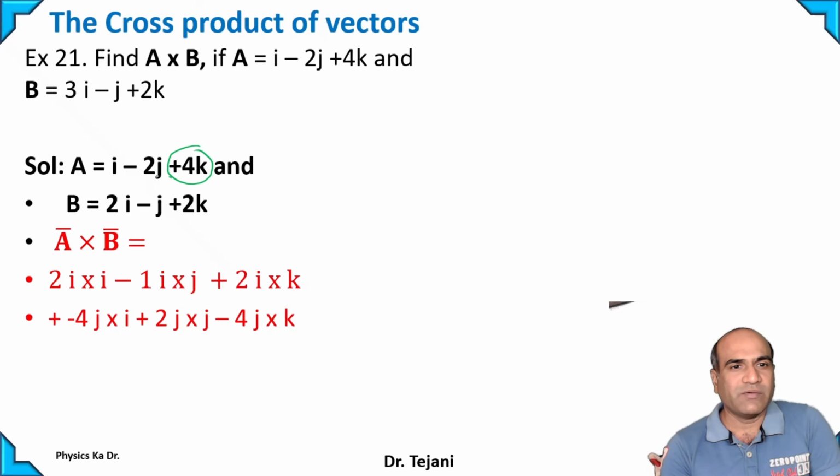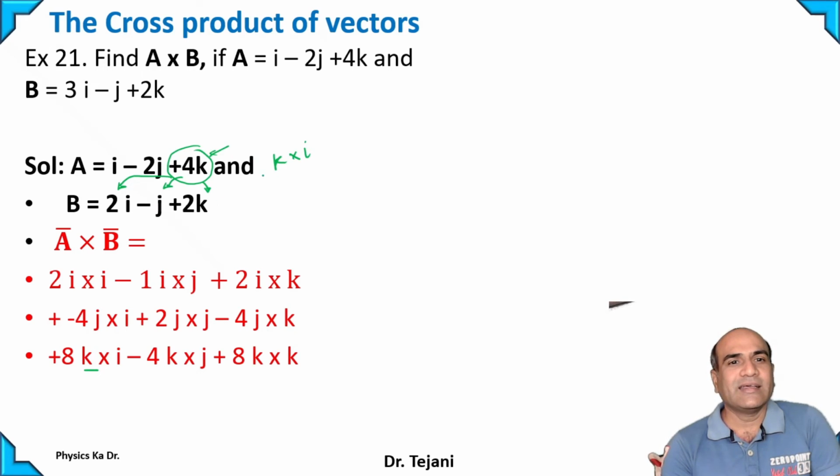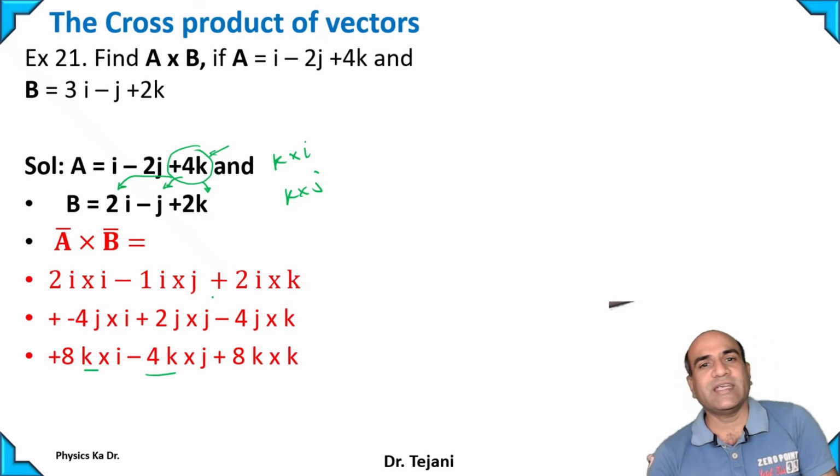So multiply 4k with 2i, 4k with minus j, and 4k with 2k. So 4k multiplied by 2 becomes 8 k cross i, because k is coming first. Second is 4 multiplied by minus 1, so minus 4 k cross j, and the last one is 4k multiplied by 2k, so it is 8 k cross k.